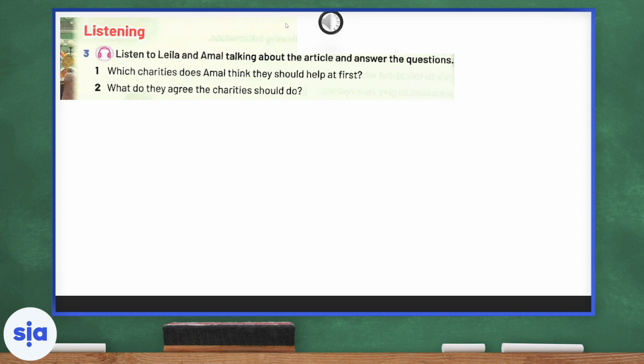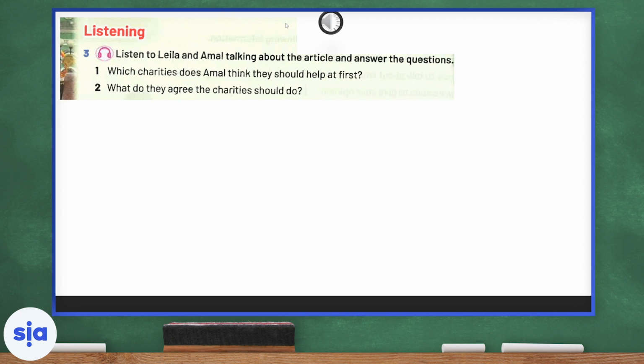What about a charity that helps children or old people? I agree, that's very important to help children, but I also think it's important to look after old people. That's why I suggest that they share the money. I see what you mean. Okay then. They should share the money between 2 or 3 important charities.